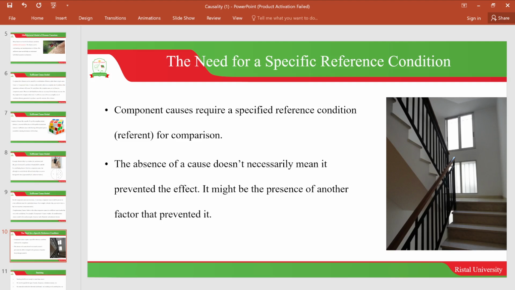Or, if I can rephrase it, you can't say that if that place had a rail, the fall and the fracture could not have happened. That is not always the case. The rail could be there, but it may not have prevented the fracture.